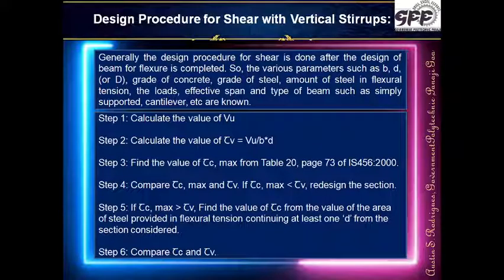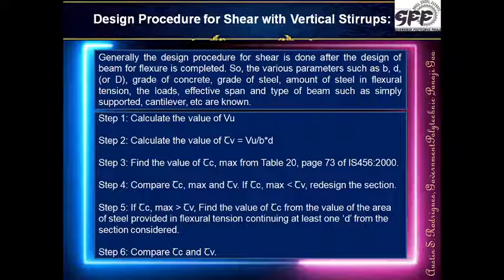We are also aware, from when we started, of what the loads coming on the beam are, what the effective span is, and what the type of the beam is, whether it is simply supported, cantilever, overhang, continuous, whatever. So all this data is already known to us before coming to shear design, because we have already done the flexural design.